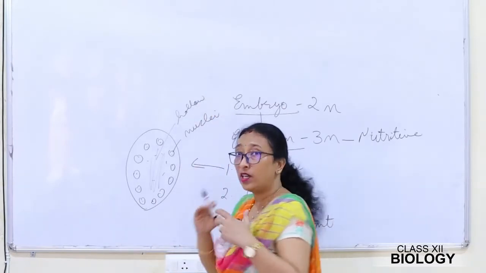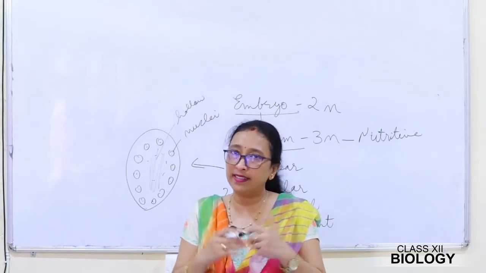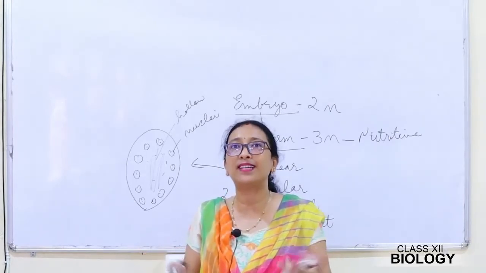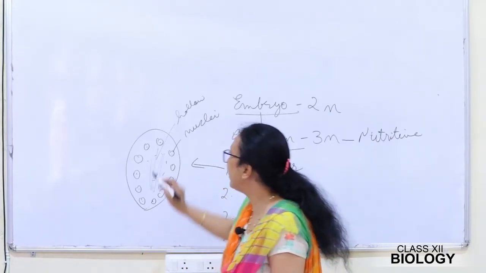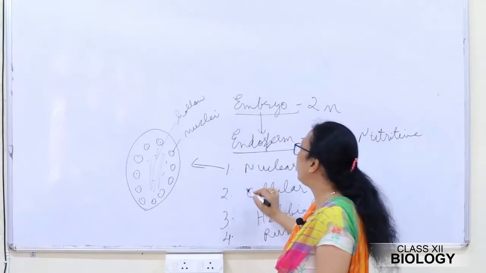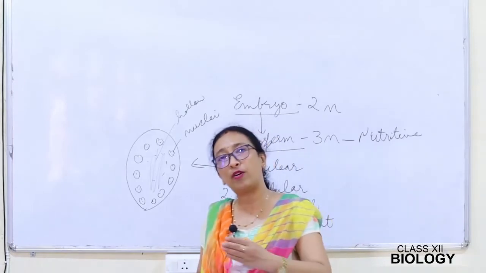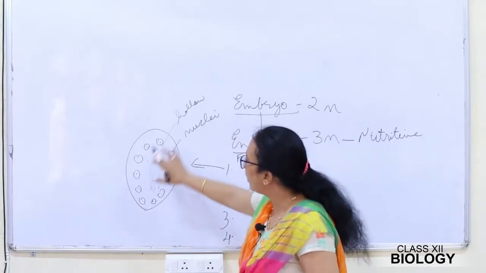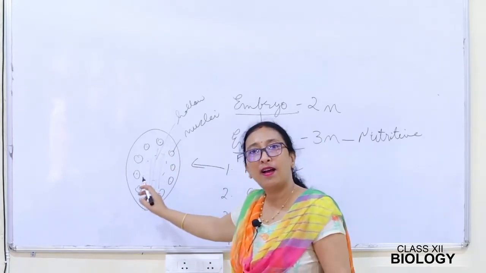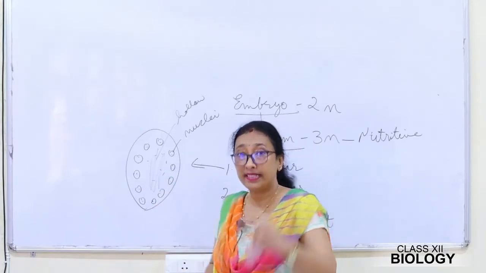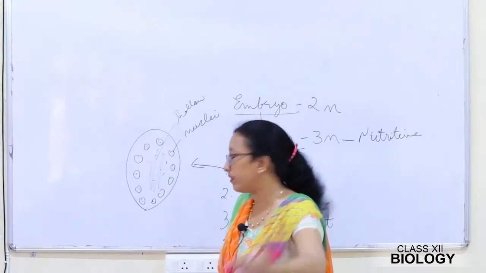Hollow here doesn't mean that it is completely hollow, it means that there is no wall formation. So it is free nuclear, that's why we also say it as free nuclear. Either you say nuclear or free nuclear, because it is free. That is the peculiarity of the nuclear endosperm, which you are seeing in coconut.